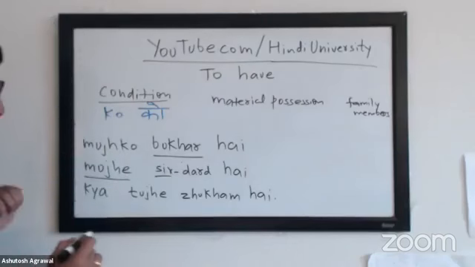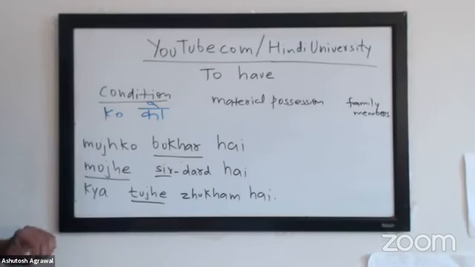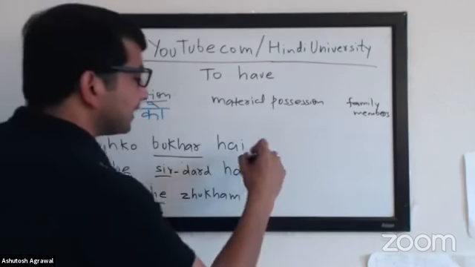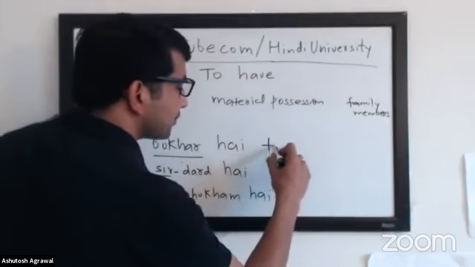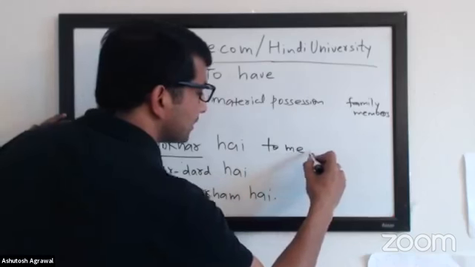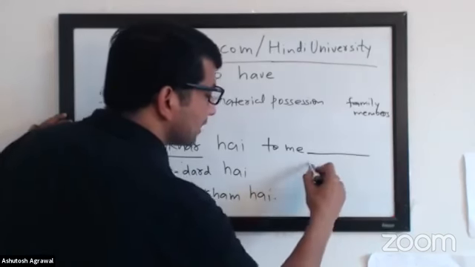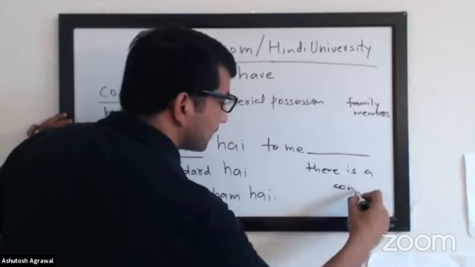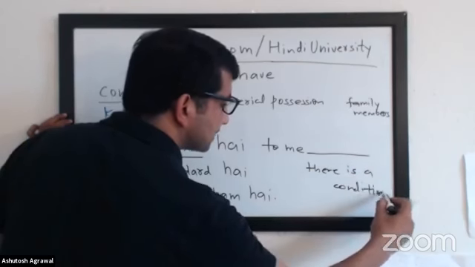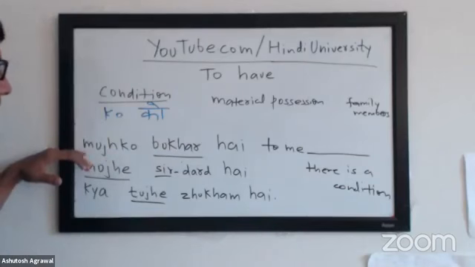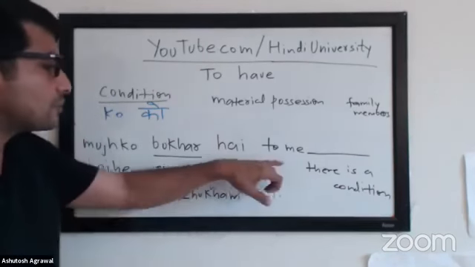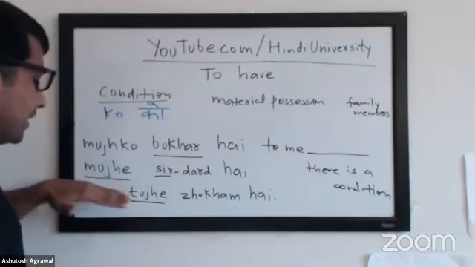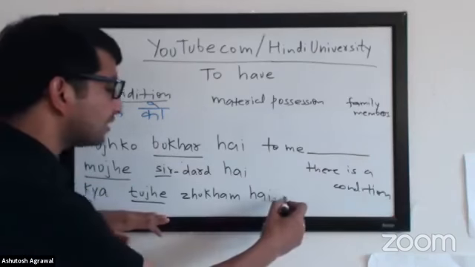So now one thing I want to explain here is, मुझे that we were using. What does it really mean in English? In English, you are really saying to me, this is the condition. There is a condition. That's how it is literally translating. If you were to translate from Hindi to English, to me is मुझे, and then in this case, you're asking a question.